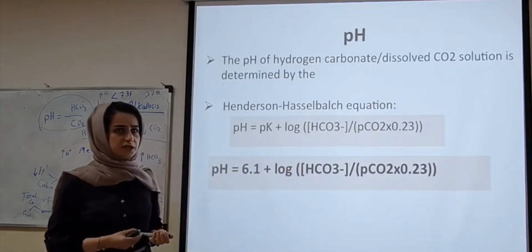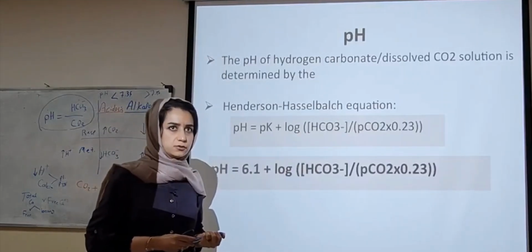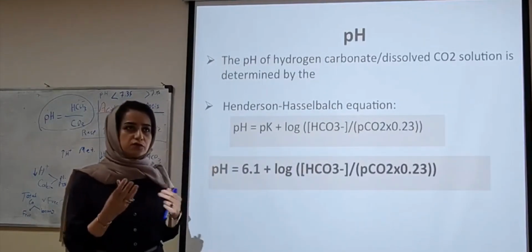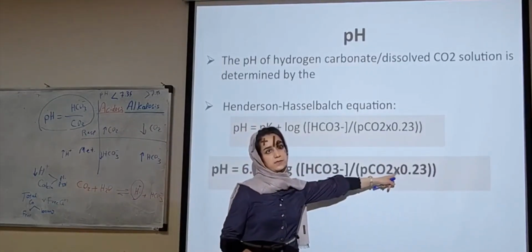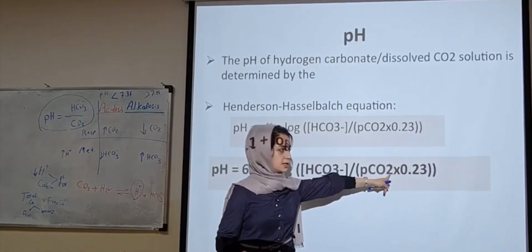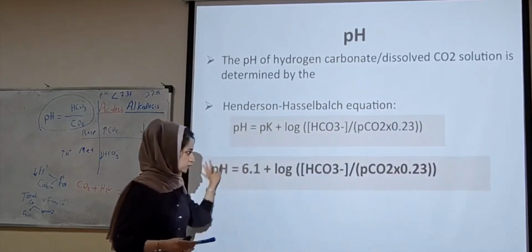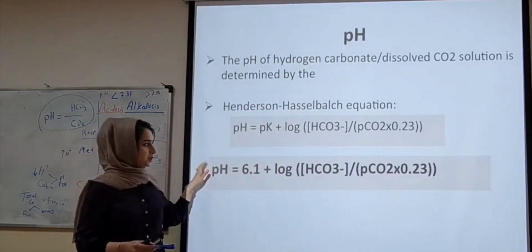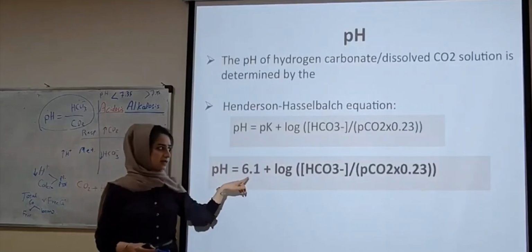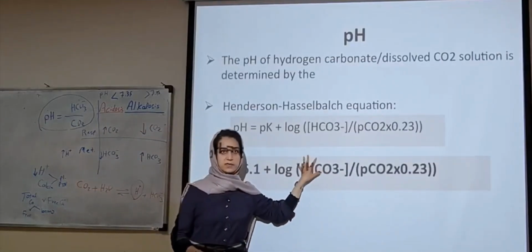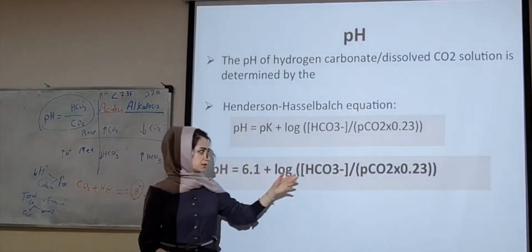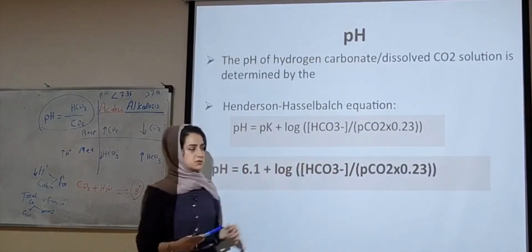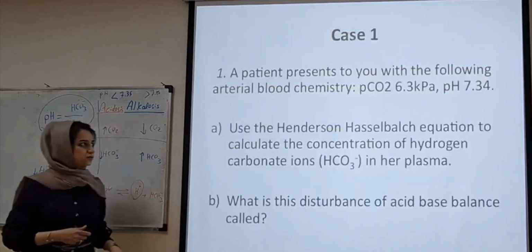Dissolved CO2 is calculated as PCO2 multiplied by the solubility of CO2, which is 0.26. So this is the equation that we will use today.